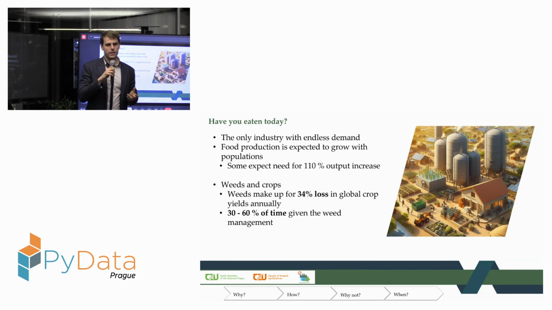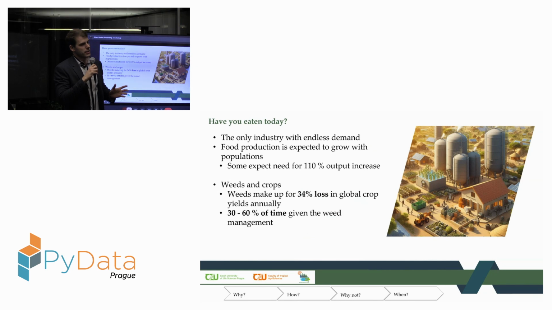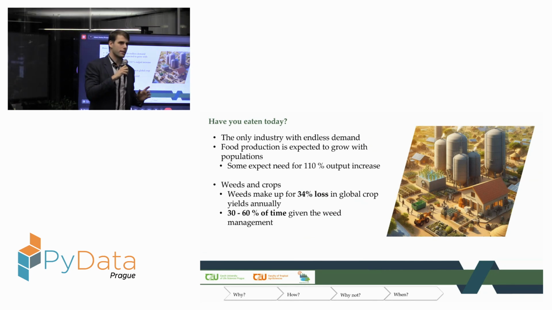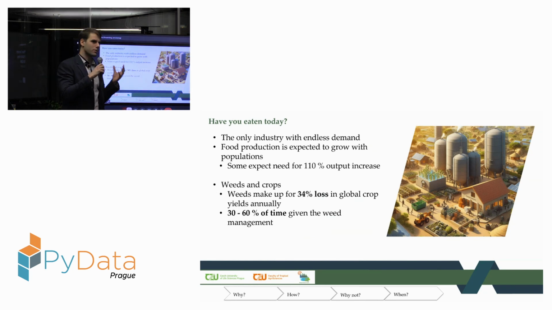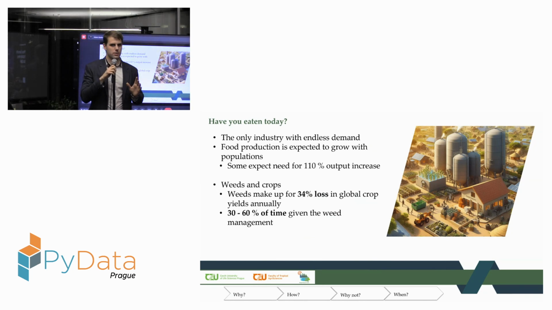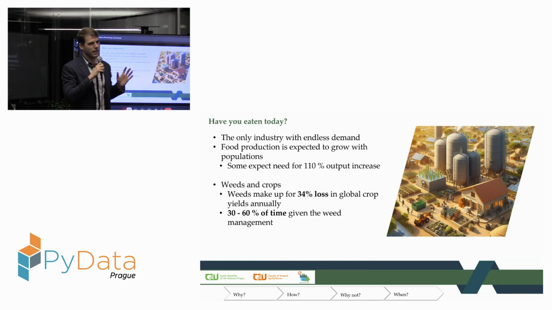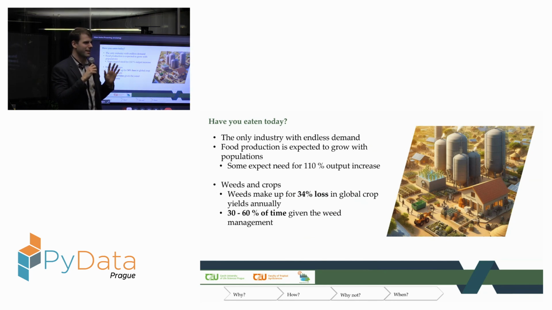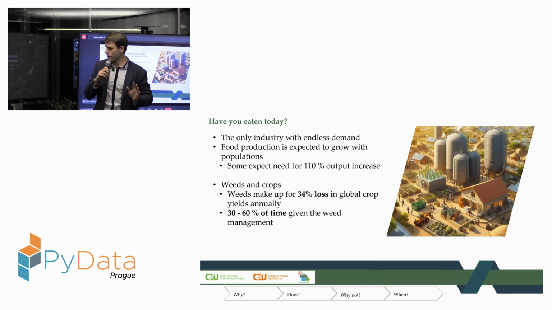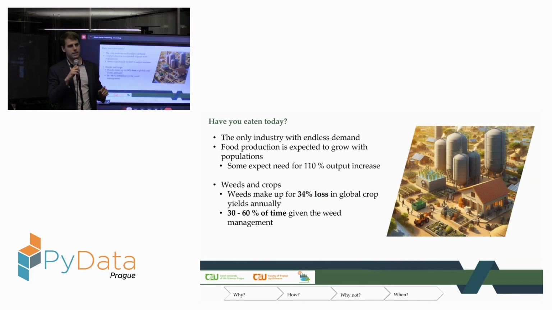So some research 5 years ago predicted that we're going to need a 110% increase in the yields of the crops we're producing, in order to sustain our population in the next 50 years. The projections have changed a little bit because we are not on track for 10 billion people, but mostly 9.5 or something like that. So it's not that bad, but we're still above a 70% needed increase.